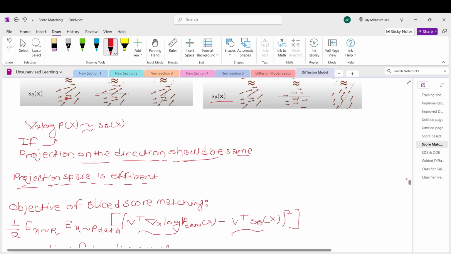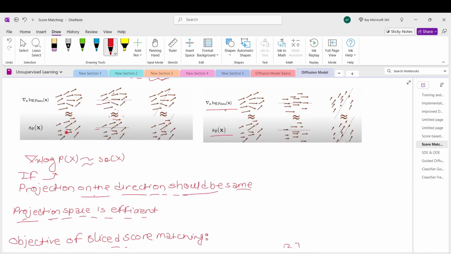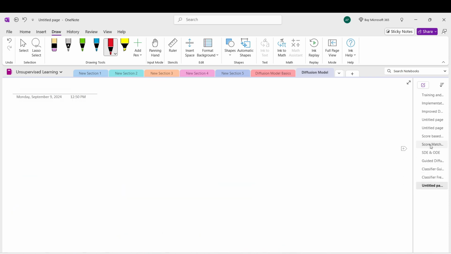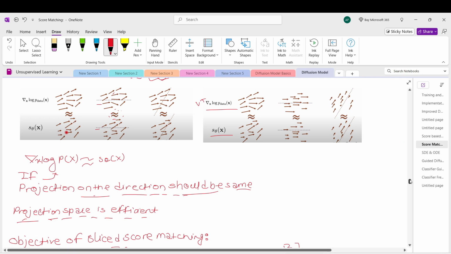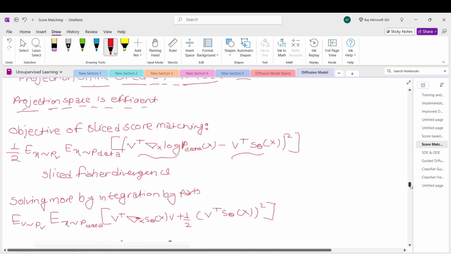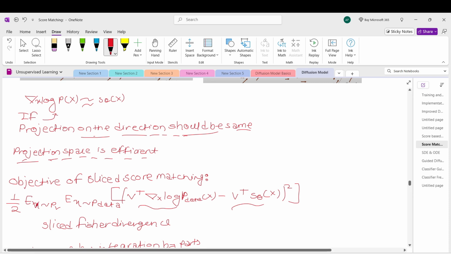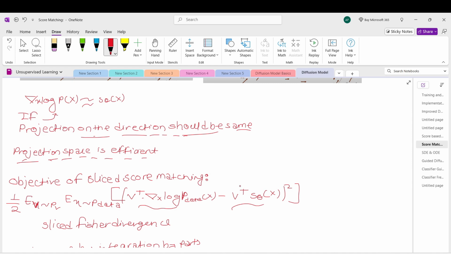This is the projection of the score, and as you know, if you take the dot product, the dot product is actually the projection. What you're doing here is just a dot product between this random vector v, which has been sampled. This is a v, guys, not x. We're going to sample some random vector v from p_v, and this is the projection of the score on this vector v, and this is the projection of our model on the same vector v.